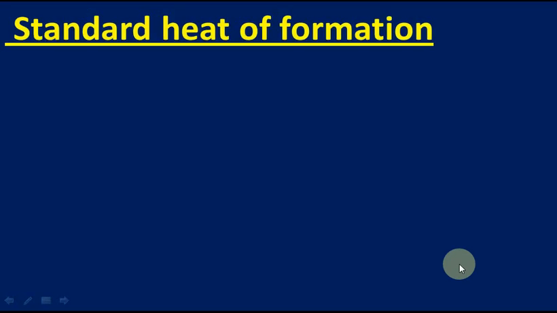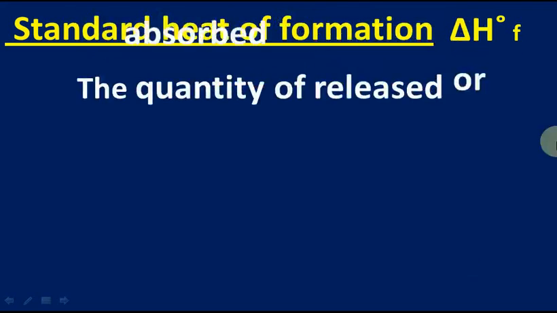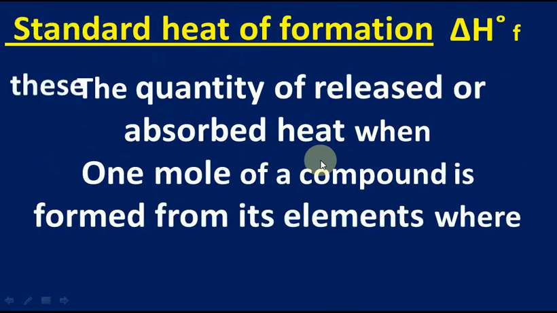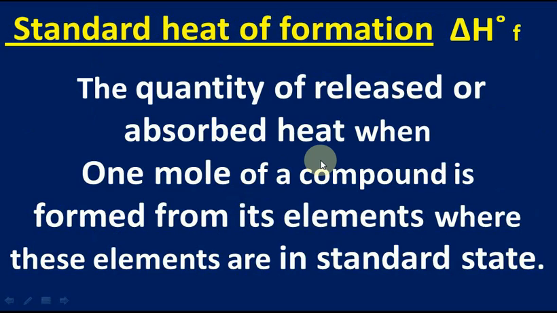So if I wanted to define standard heat of formation, I will say delta H naught F, this symbol, is the quantity of heat released or absorbed when 1 mole of a compound is formed from its elements, where these elements are in standard state. Standard state: temperature 25 and pressure 1 atmosphere.